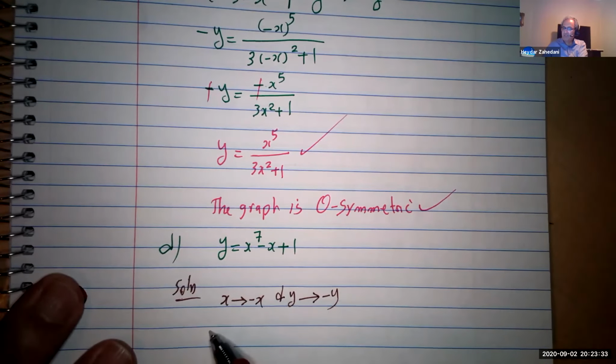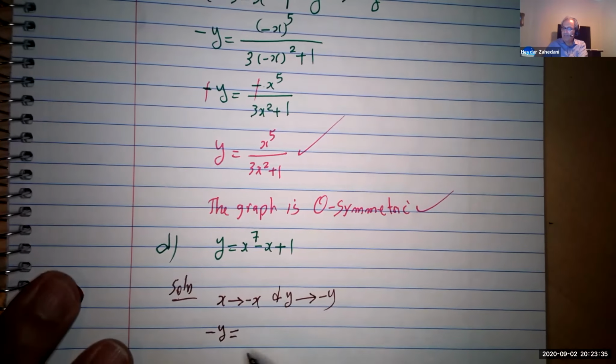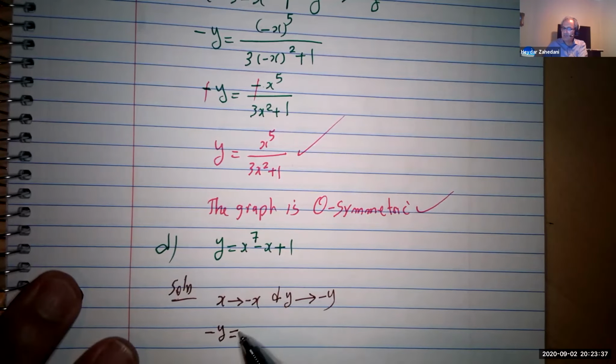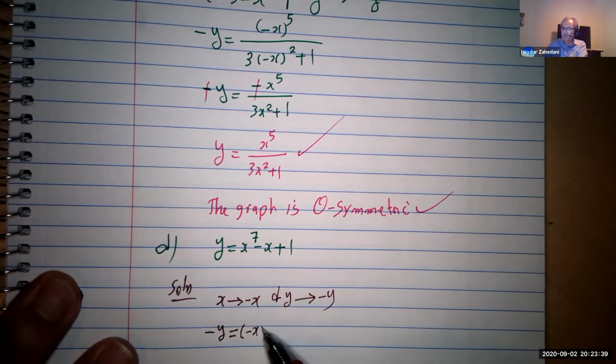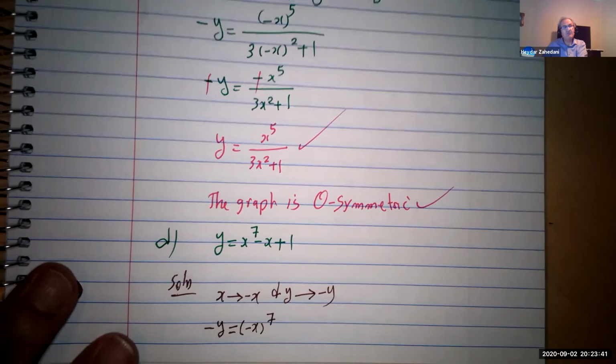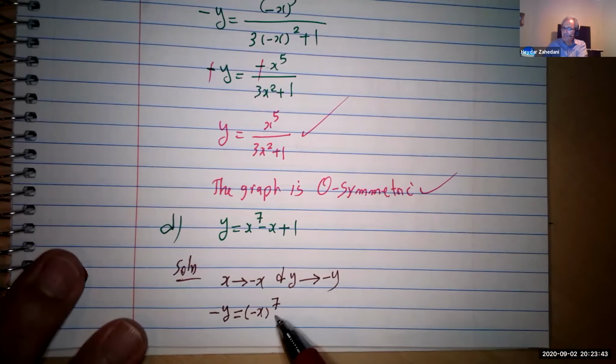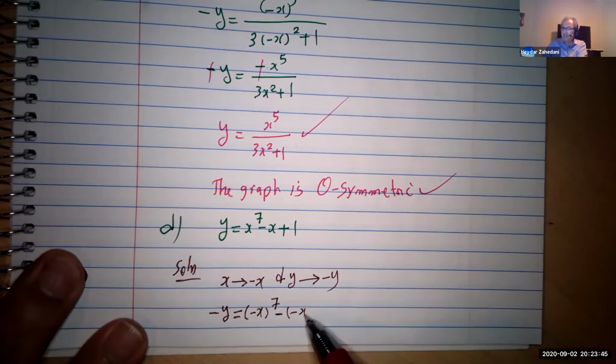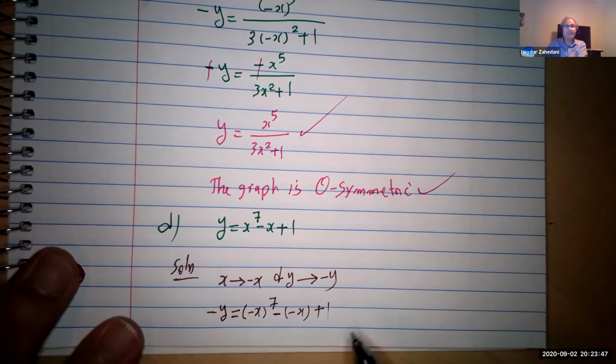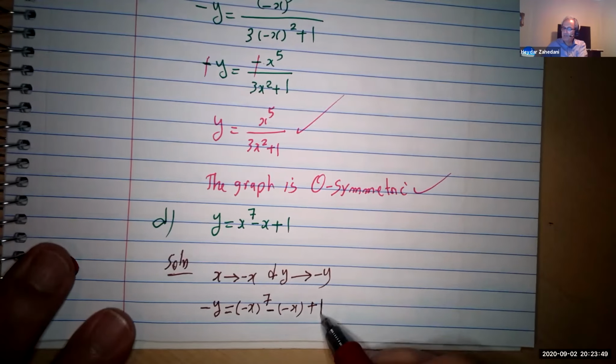So y to negative y would be negative y. And x to negative x is going to be negative x to the 7, you must use parentheses, minus negative x, and plus 1.